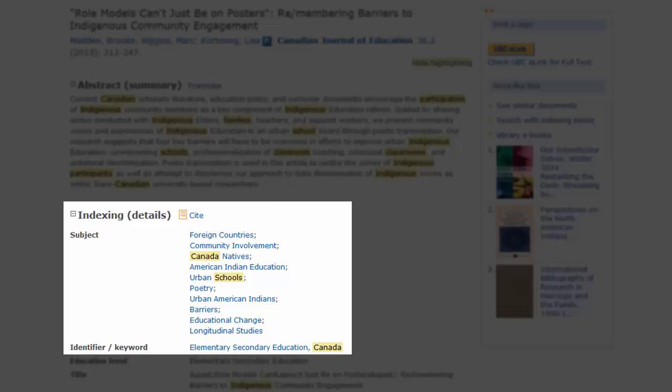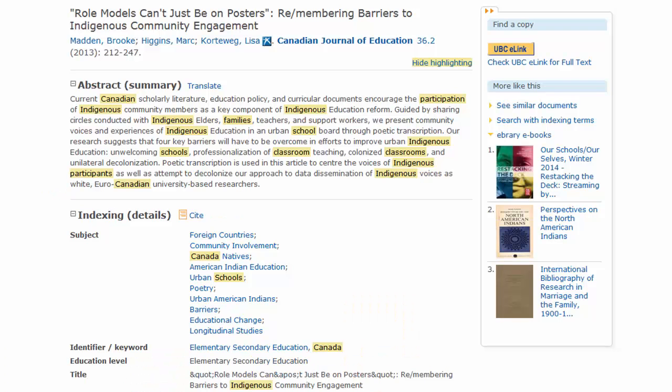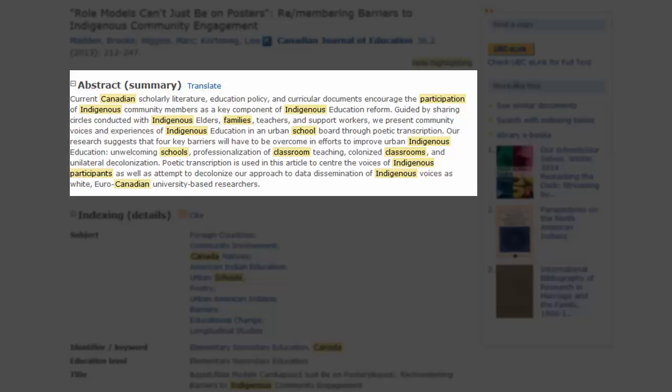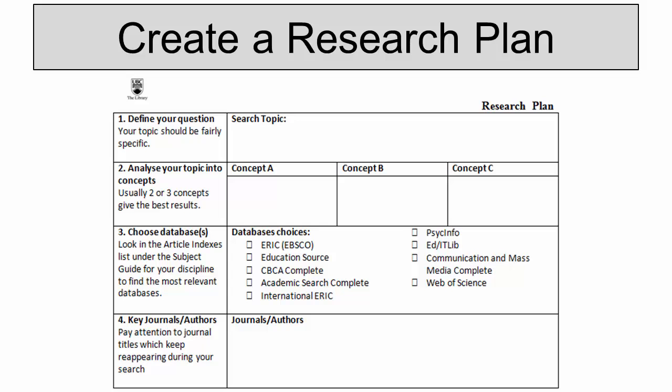Note that the database is adding terms to the description that the author probably didn't use in the article. Notice that some of the search terms from the earlier slides show up in the description, as well as some terms we didn't look at before, such as community and unwelcoming. Feel free to browse through these terms in order to build a stronger search.